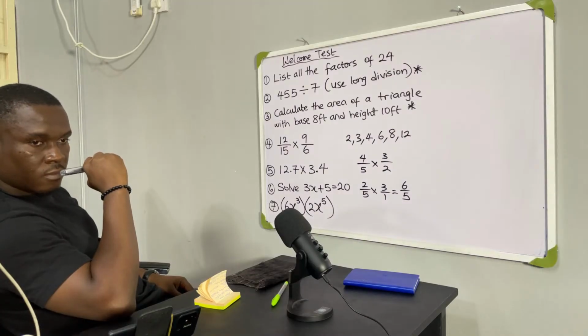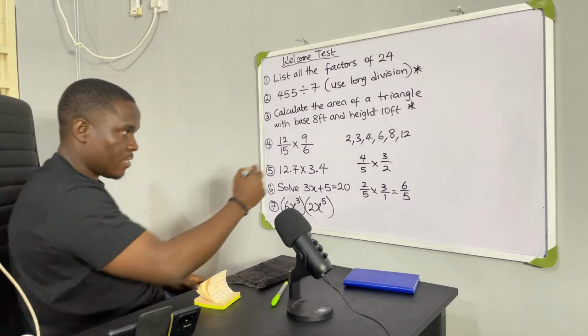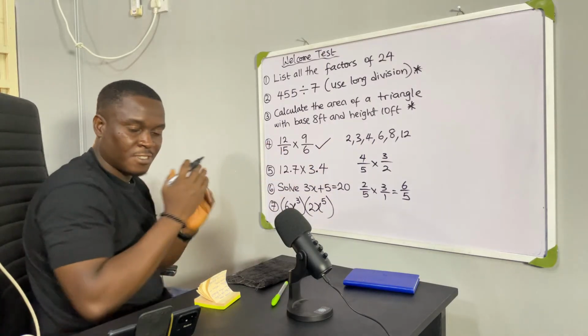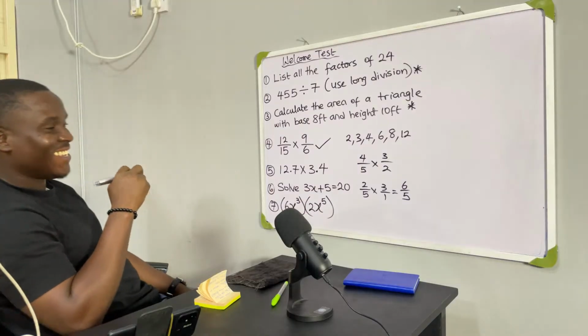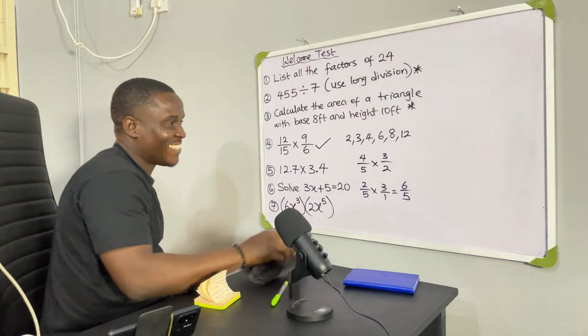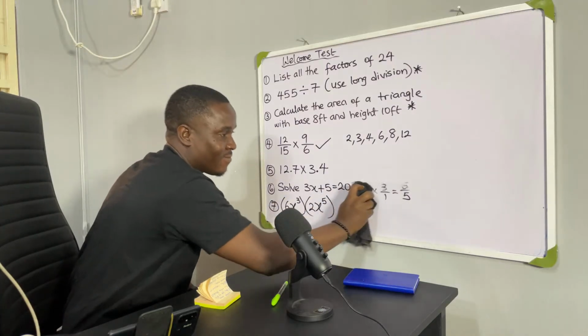And then I put 1 and was left with 1, and that's how I arrived at 1/5. Okay, good. So this is the first complete mark you've gotten. Good one.